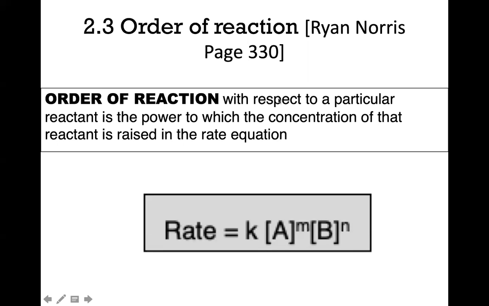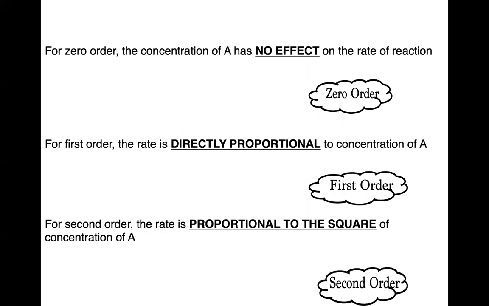So the definition of order of reaction is literally writing down the expression into words. How would you explain this power m and power n in words? I will not dwell much on that. Now, how do you know if that reactant is zero order, first order, or second order?